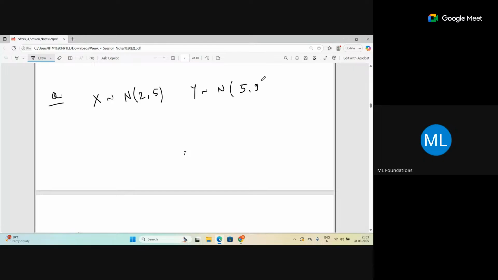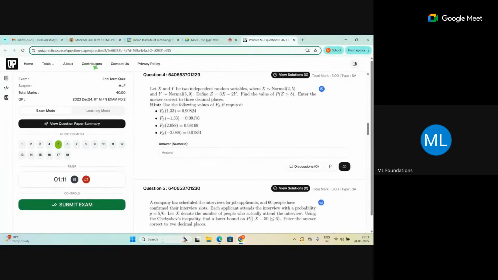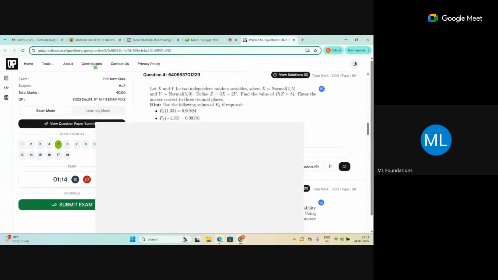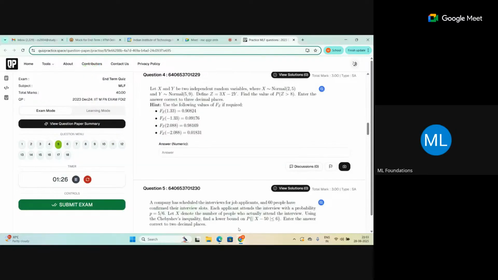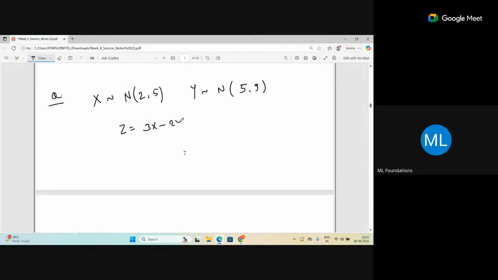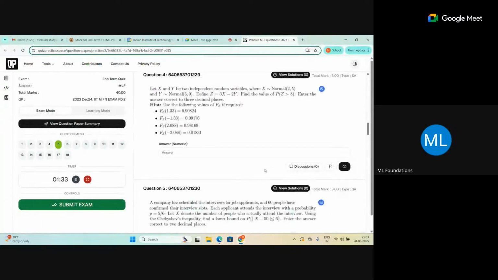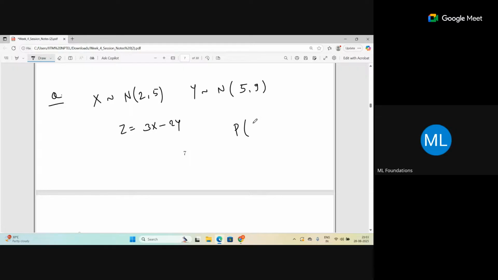Just let me know if I'm going fast. z is equal to 3x minus 2y, and z is a new random variable which is a linear combination of x and y. Then we need to find the probability that z is greater than 8. That is what I need to find out.